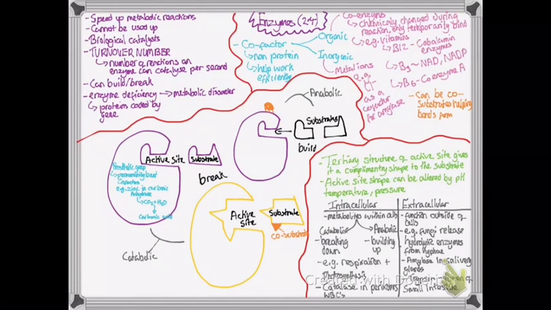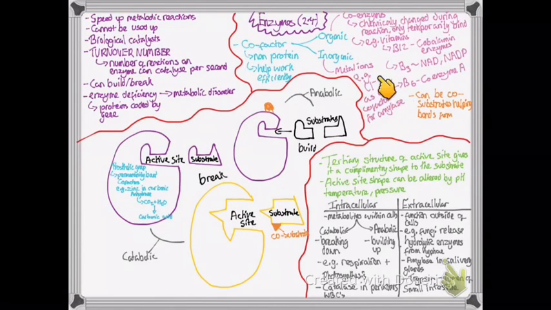But prosthetic groups are permanently bound cofactors, and an example of this is zinc in carbonic anhydrase, which converts CO2 and H2O to carbonic acid. That reaction is constantly coming up in all of our topics. If you don't know it, there might be several areas of biology you might suffer from. It's a very likely thing to come up, considering it's covered three times in the course. That's the example OCR want you to learn.